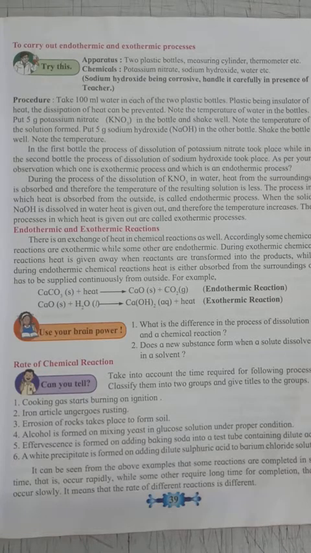Means in the dissolution of potassium nitrate, KNO3, heat is absorbed. Therefore, that is an endothermic reaction. And in the dissolution of sodium hydroxide, heat is liberated, given out. Therefore, the temperature of the solution increases. That means that is an exothermic reaction.